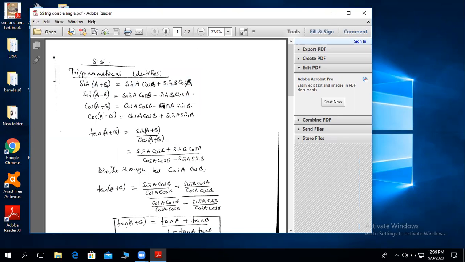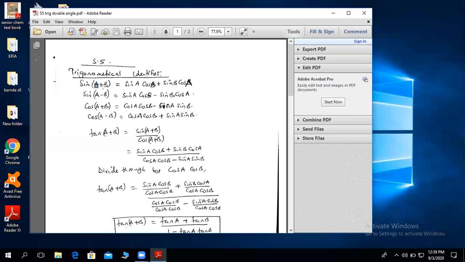Actually, it is expansion, trigonometric expansion. How do we expand a trigonometric function of sine where we have sine and two angles are added? These are two angles, by the way.